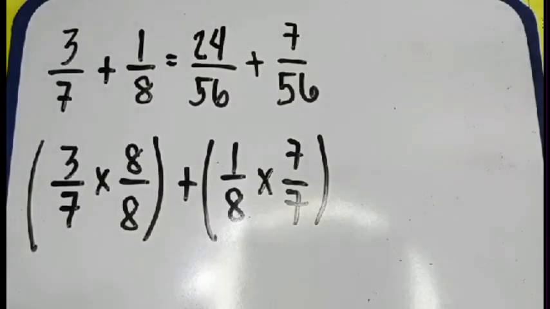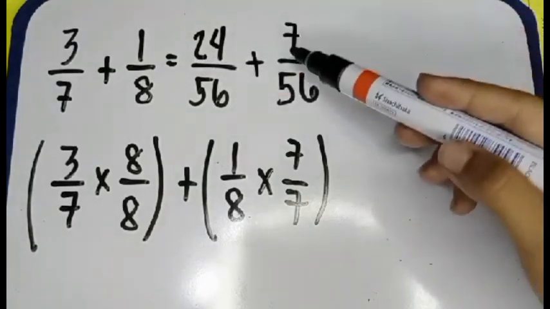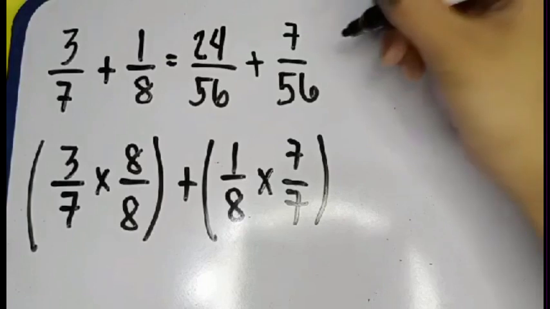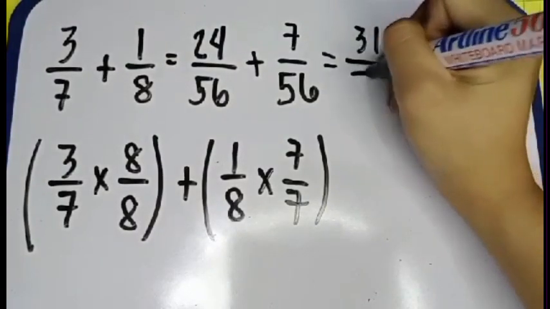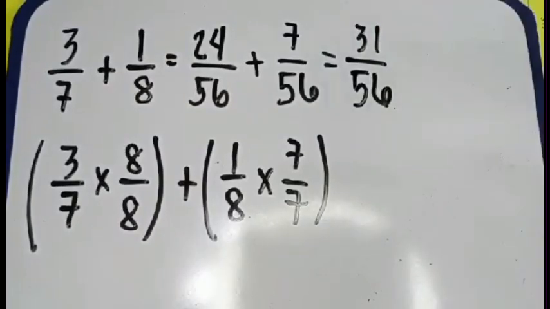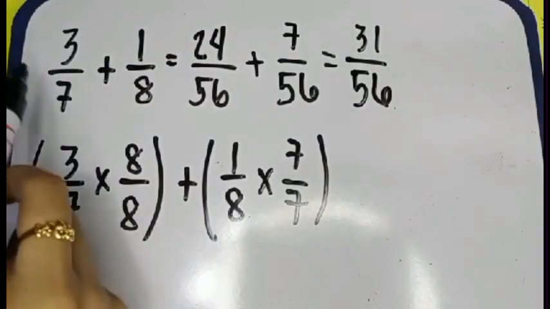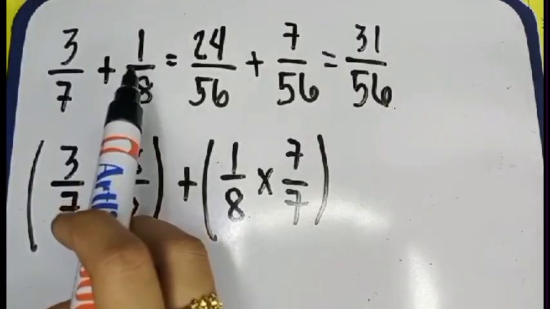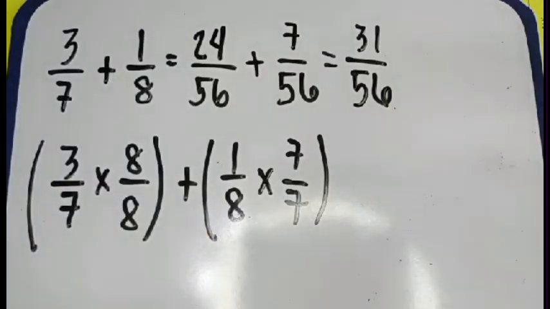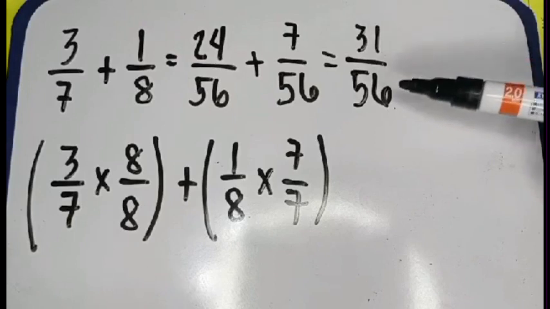Then, we can now add our numerators, which is 24 plus 7 is equal to 31. Then, copy the denominator. Therefore, 3 over 7 plus 1 over 8 is equal to 31 over 56.